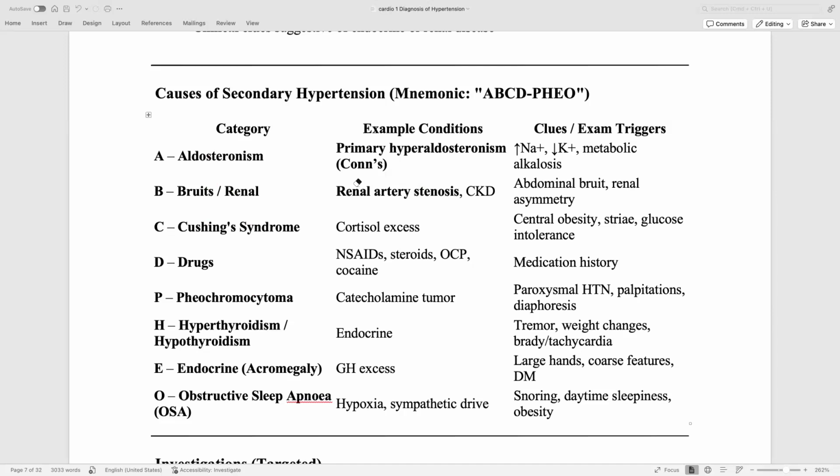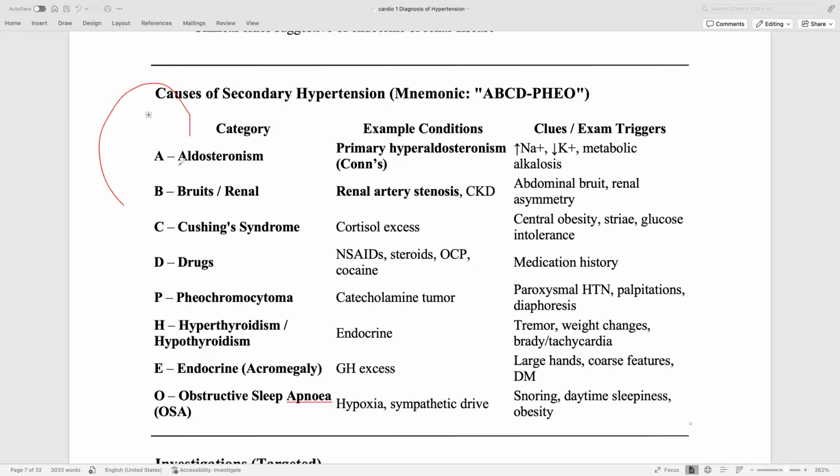Okay. If the blood pressure is down due to renal artery يعني stenosis. النيجاتيف فيدباك يعني. Okay.